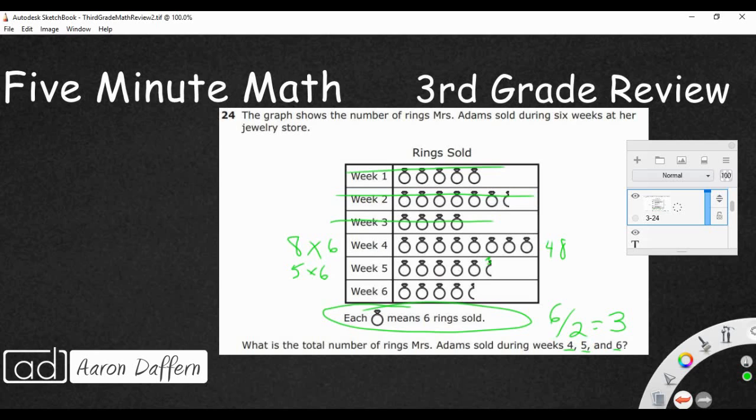So I've got 5 groups of 6, and I've got 3 left over. So that's going to have to be 33. So that's the trick right there, is realizing that you have to add that 3 because it's half of 6. And let's do 6s here. 6, 12, 18, 24. That's 4 groups of 6, but I've got one of those little 3s there as well. So 24 plus 3 is 27.